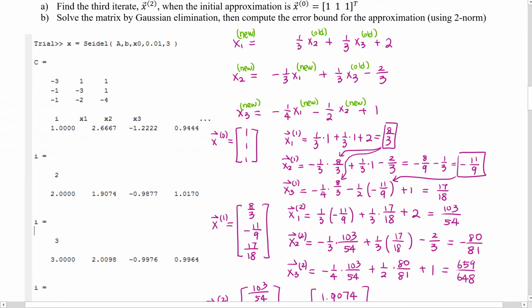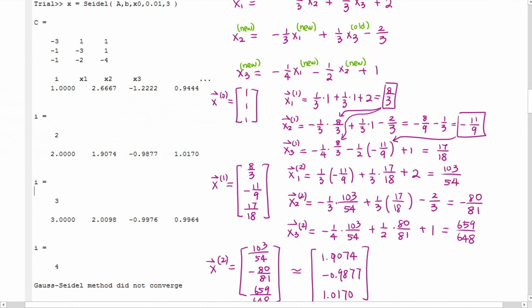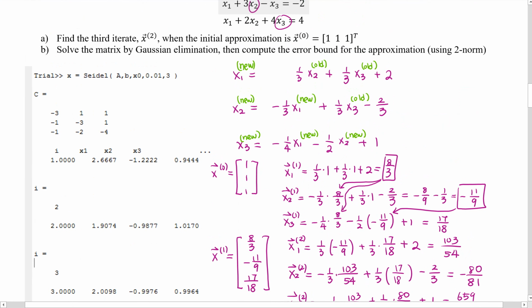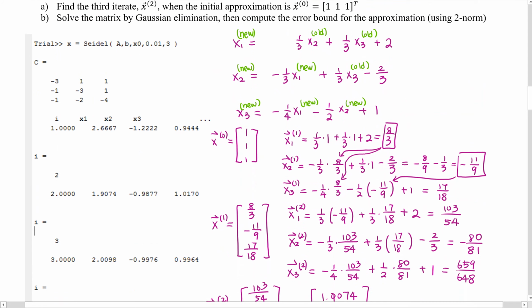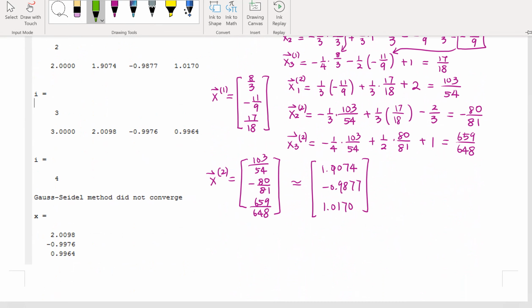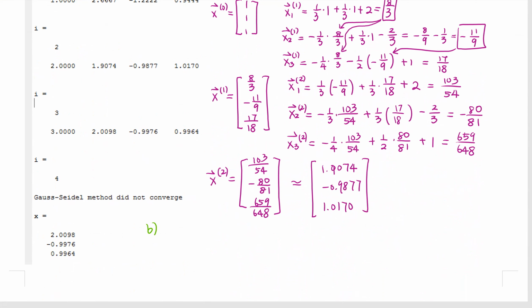Okay, now let's see. So this is how we use the Gauss-Seidel method. Okay, and we can also compute the error bounds using the L2 norm. So, you remember the results we got from last time? We have our true value was 2, minus 1, 1, right? Then here, x minus x2 using L2 norm.